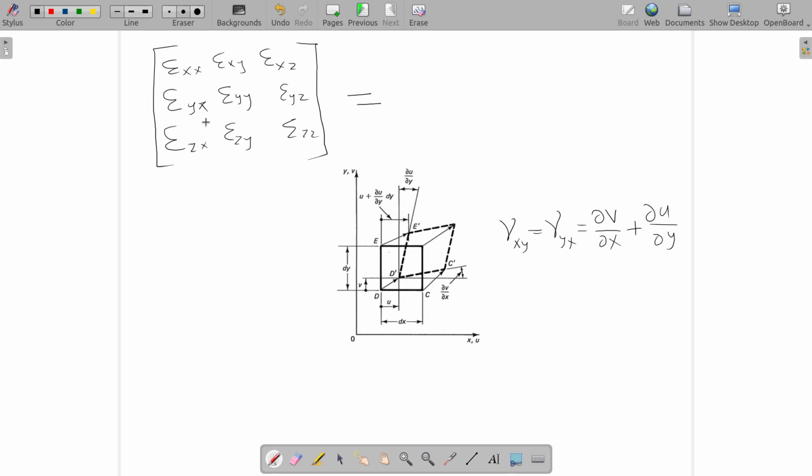In the linear case, we don't need to sum up two components.